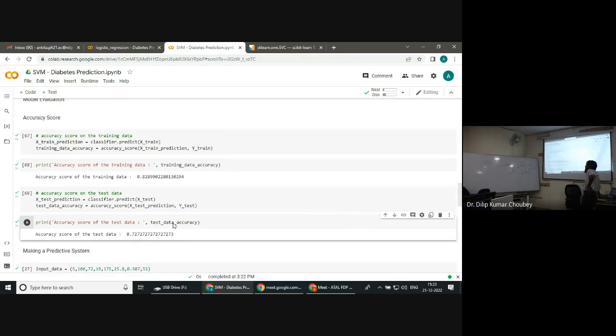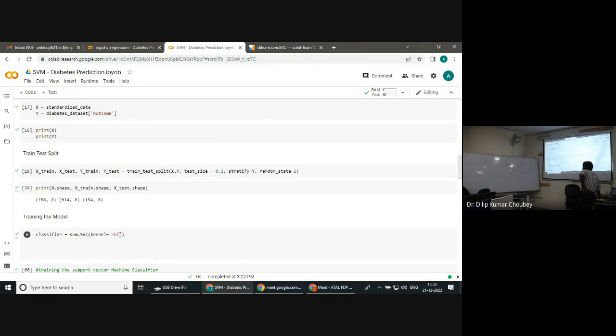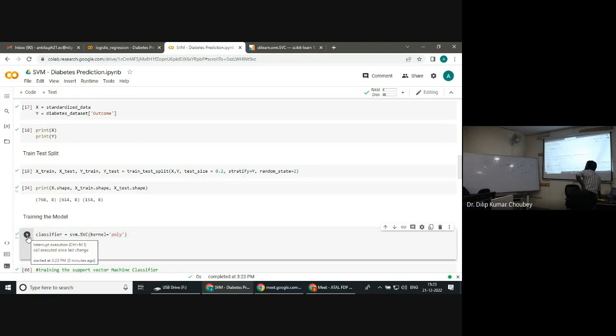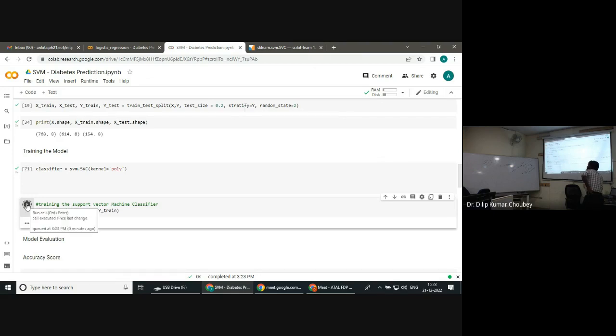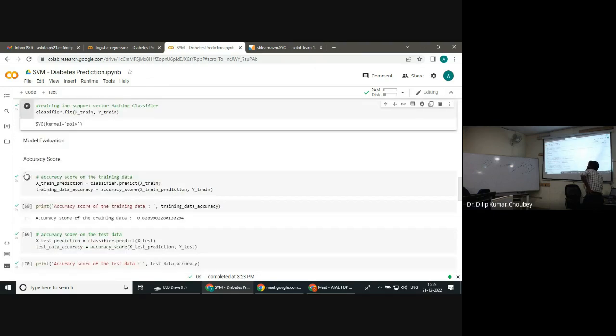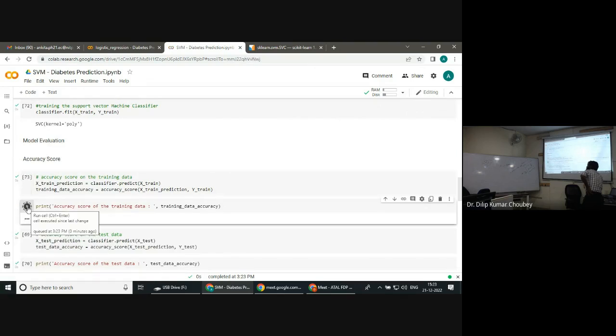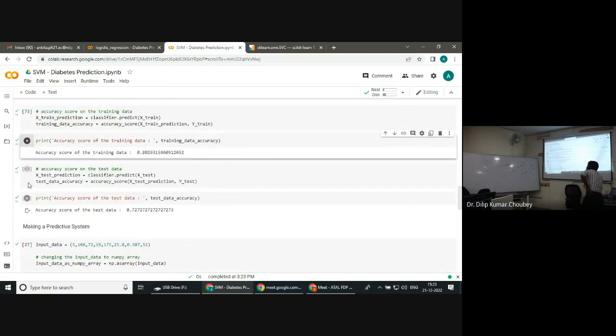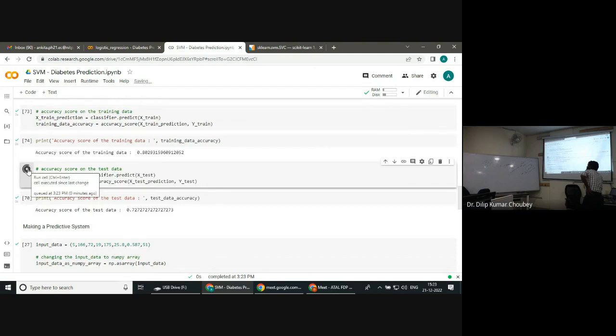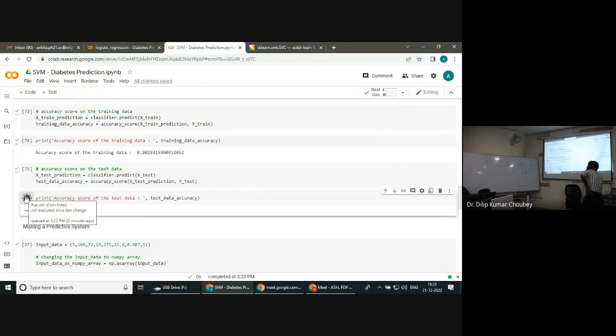Let's try the polynomial kernel. So RBF और sigmoidal almost बराबर बराबर दे रहे हैं. और गिर गया नीचे 70% पे चला गया. Let's try the linear kernel.